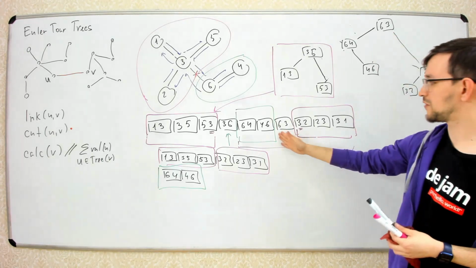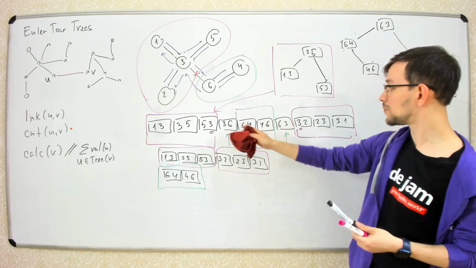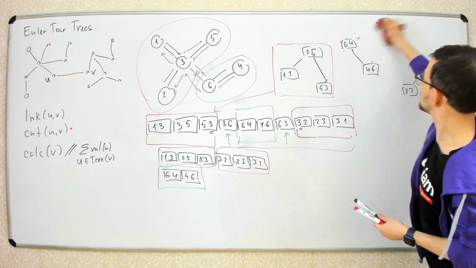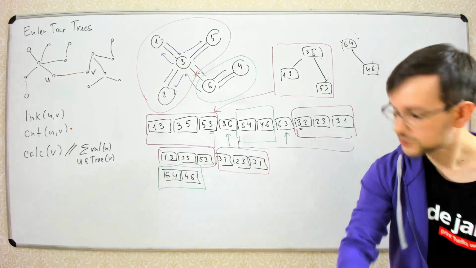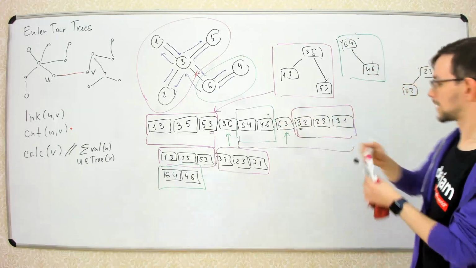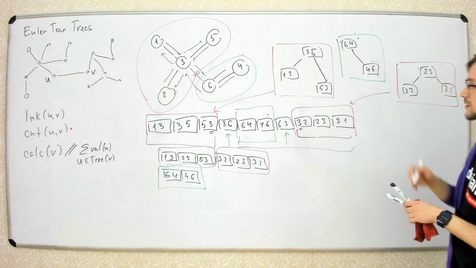Again, we need to split before and after this 6, 3. So the left branch is everything to the left, and the right branch is everything to the right. So simply remove this, and that's all. So this tree represents this middle part, and this tree represents this last part.